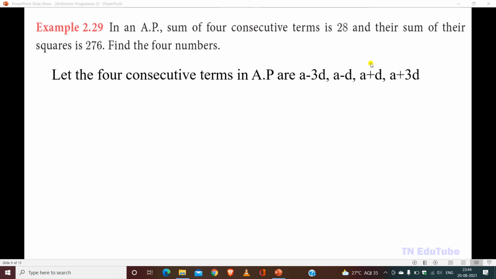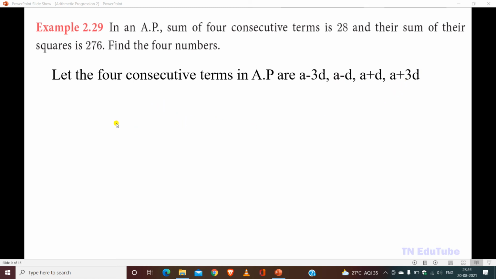You should write the arithmetic progression with common difference 2d. So you should take the 4 consecutive terms to be a minus 3d, then 2d difference means the next term is a minus d. Again 2d difference means you get the next term is a plus d. Again 2d difference you get a plus 3d.